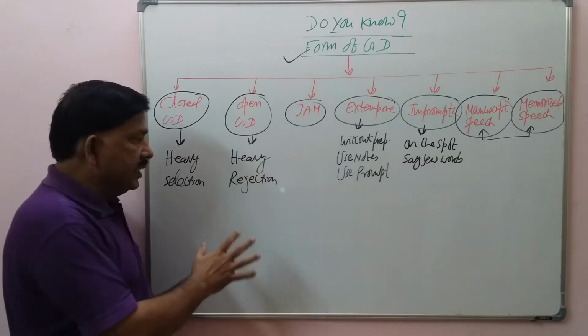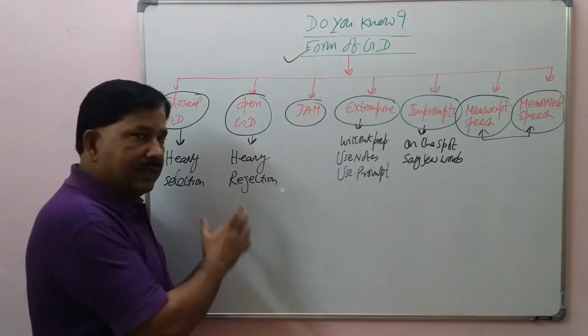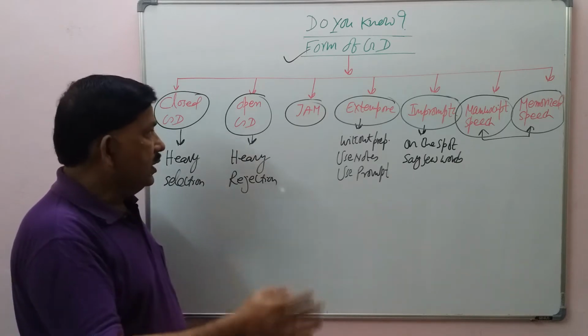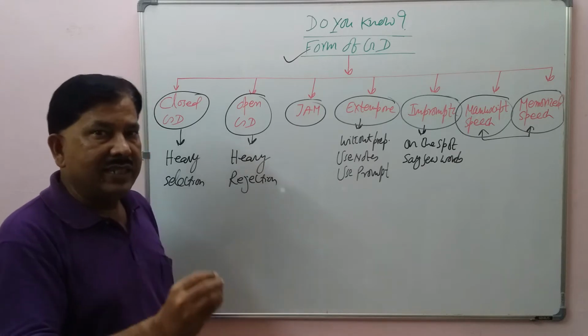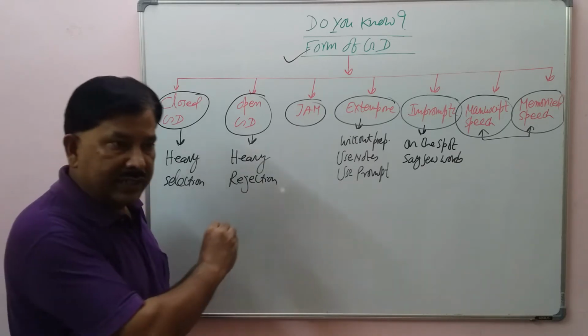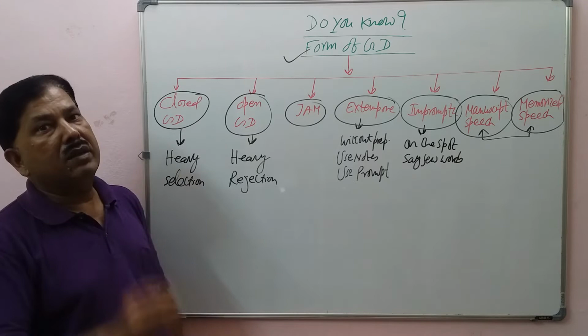And that open GD is for heavy rejection, because under this open GD everybody is supposed to speak minimum 1 minute, with at least two or three interventions during the entire GD process by each and every member.